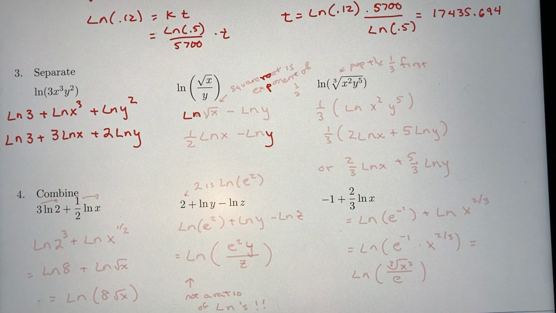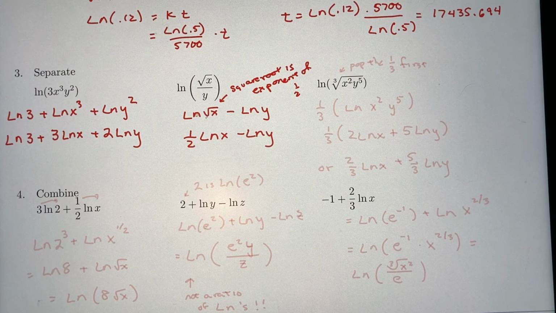Division splits into subtraction. And the exponent for the x to the 1/2, x to the 1/2 is square root x.